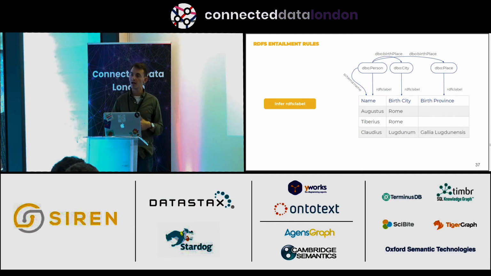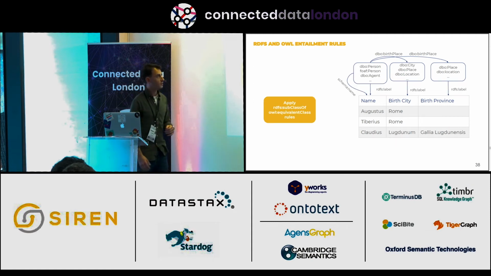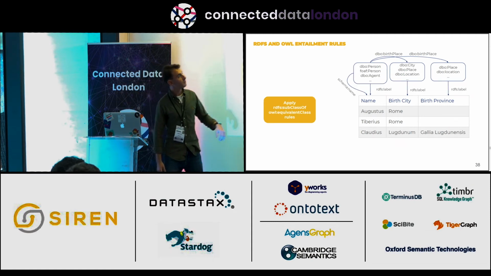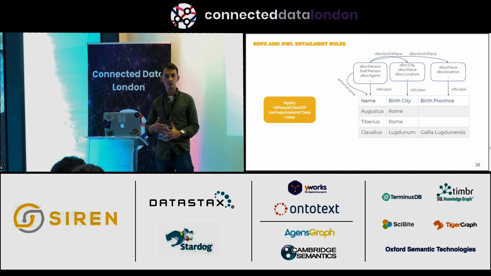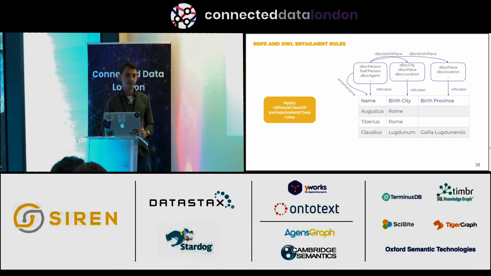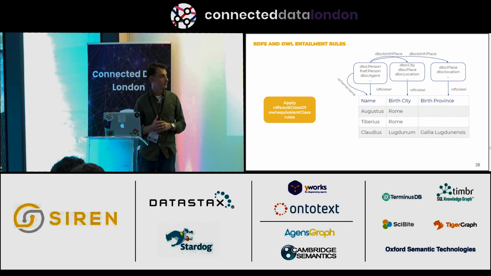We can apply subclass-of and equivalent-class rules to find all classes of each resource. For example, here in the DBpedia ontology, we know that a city is also a place and is also a location. So we can add the place and location classes to describe entities in the column birth city.